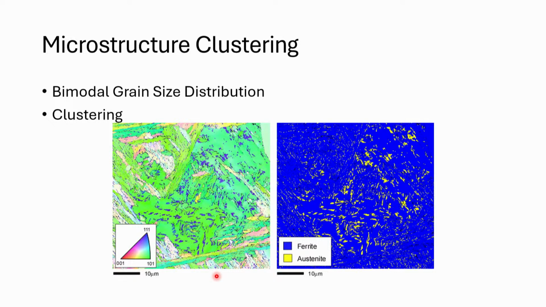Yeah, so the question is, for distinguishing between ferrite and austenite, which is BCC and FCC, do we have to worry about a very high confidence index to be able to distinguish the phases.